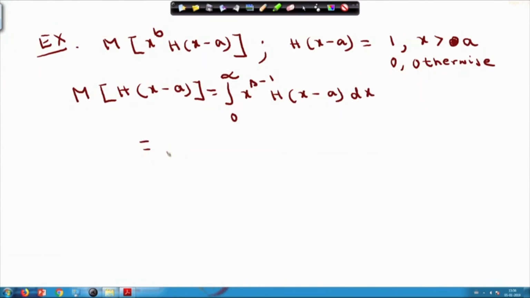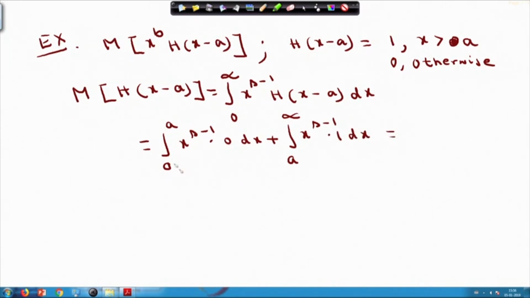So, I can break it into two limits: 0 to a, x to the power s minus 1, where the value of the Heaviside function is 0, into 0 dx, plus a to infinity, x to the power s minus 1, where the value of the Heaviside function is 1. So, the first integral will vanish, and you will have only the integral from a to infinity of x to the power s minus 1 dx.